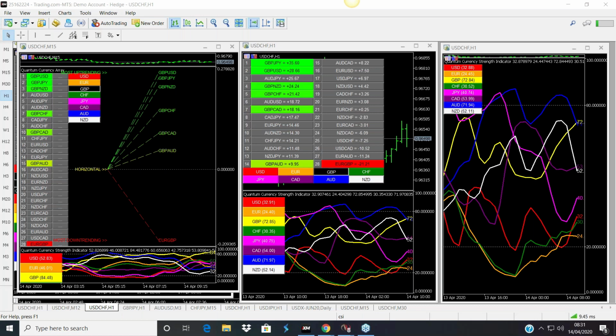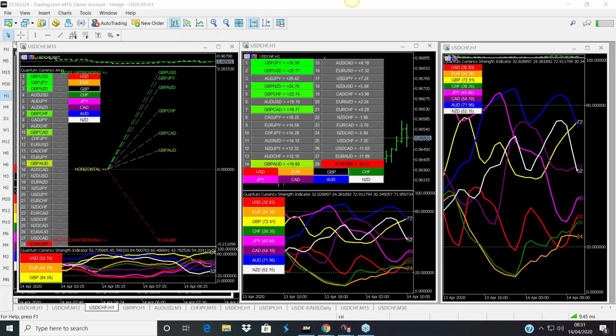The cross pairs will move in that session, but there's more of a focus on the local currencies. And interestingly, when you come to the US session, it's not the same. Although you have US, Europe, and London, you will find that some of the Canadian pairs will move more strongly than they would have in the London session.